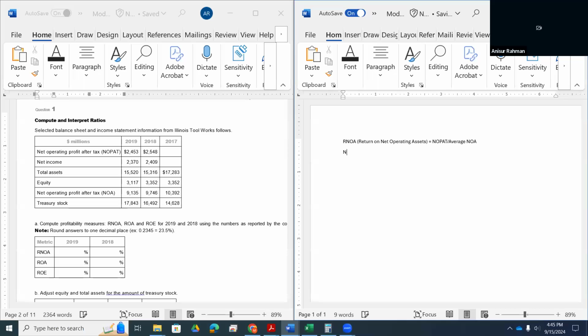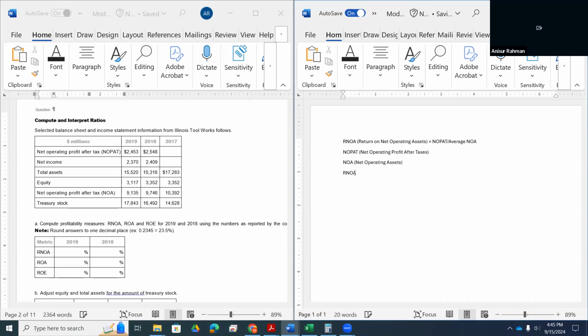Now remember, NOPAT is net operating profit after taxes, and NOA is net operating assets.